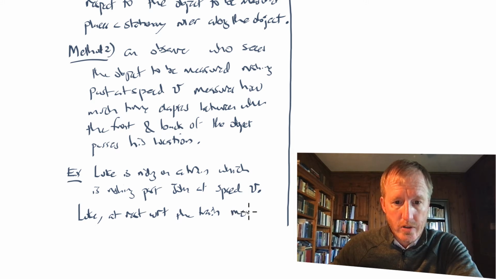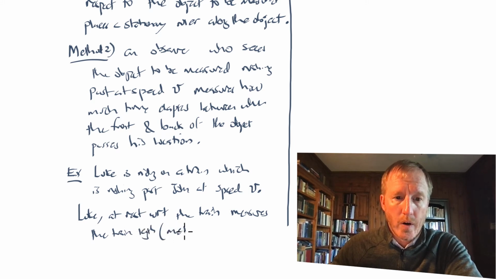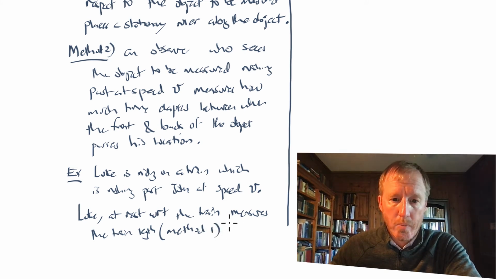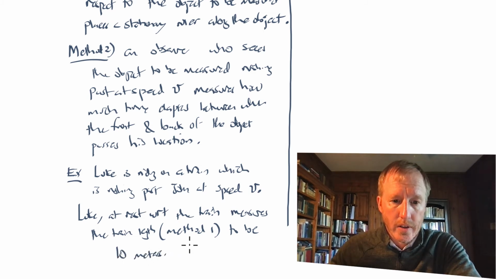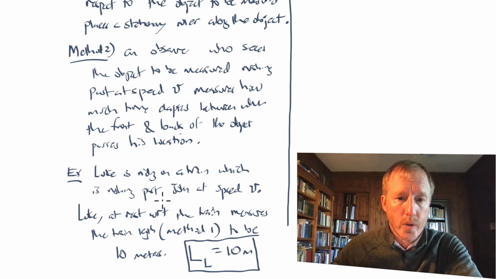So he measures the train length using method 1 because he's at rest compared to the train, and so is his meter stick, and let's just make up a number here, 10 meters long. It's a short train. So the length of the train, according to Luke, is 10 meters. Okay, so that's the length of the train according to Luke.